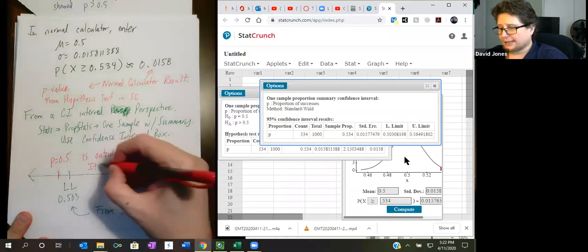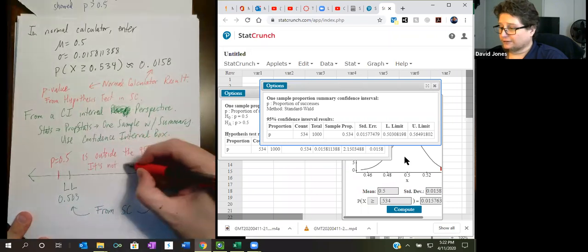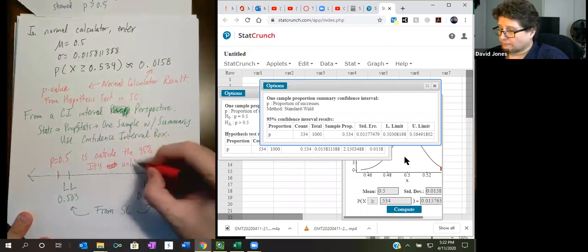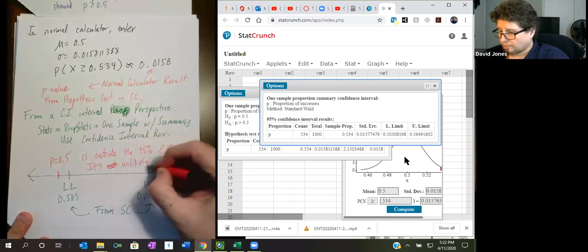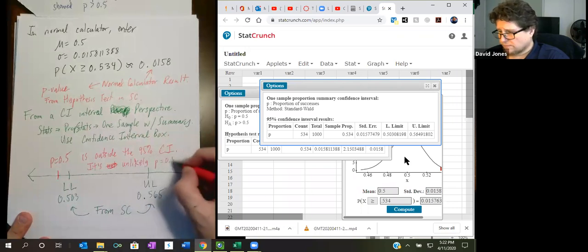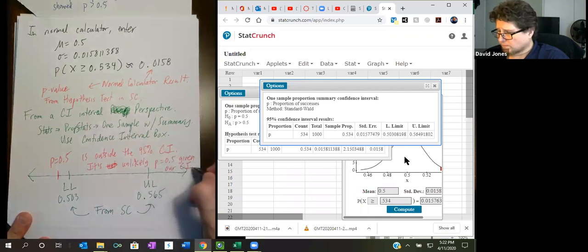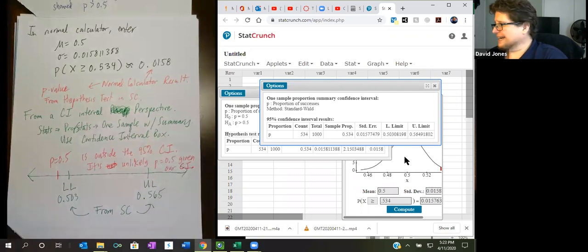It's too unlikely given our confidence interval. So these all tie together. The normal calculator, the confidence interval, these hypothesis tests, they're all related.